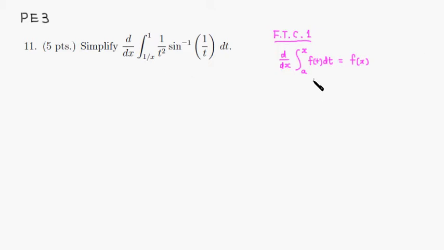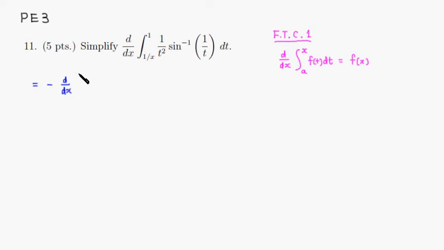So we're going to simplify using that. One thing we have to fix is that we would like to have a number as a lower limit and the expression as the upper limit. So we can just switch the lower limit and upper limit by putting a negative sign in front. So this is going to be equal to, by putting a negative sign, we still need to take the derivative though.